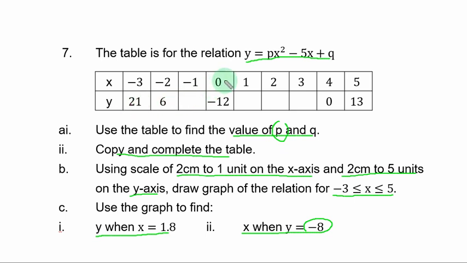But if you look at the point where you have 0, it will make the work much easier. So I'm going to use when s is 0, y is minus 12, and when s is 4, y is 0 to get the value of p and q.